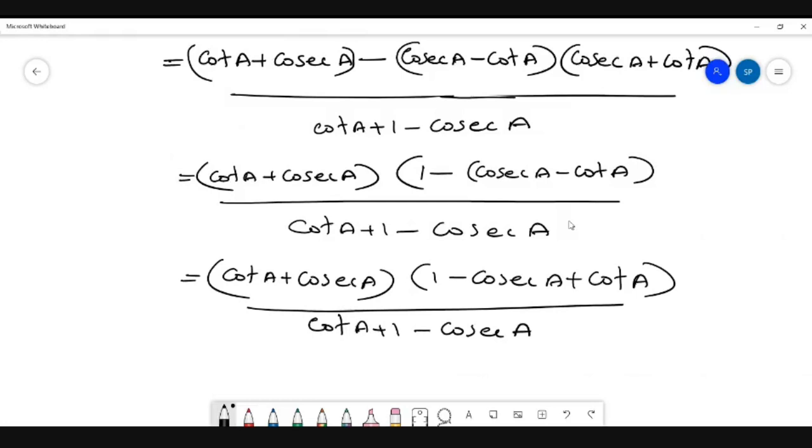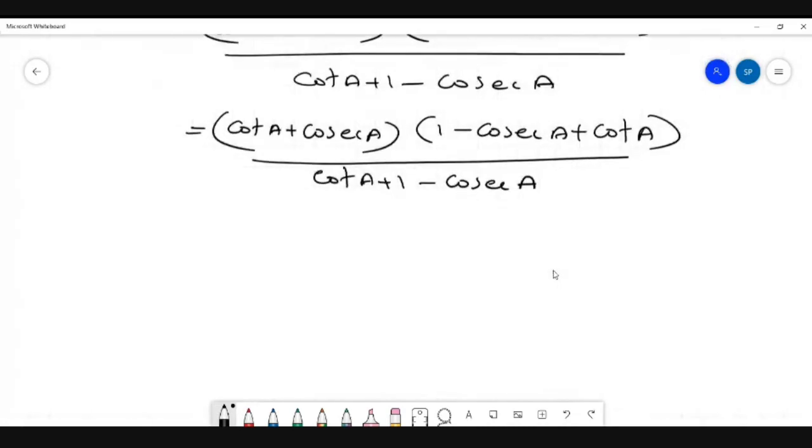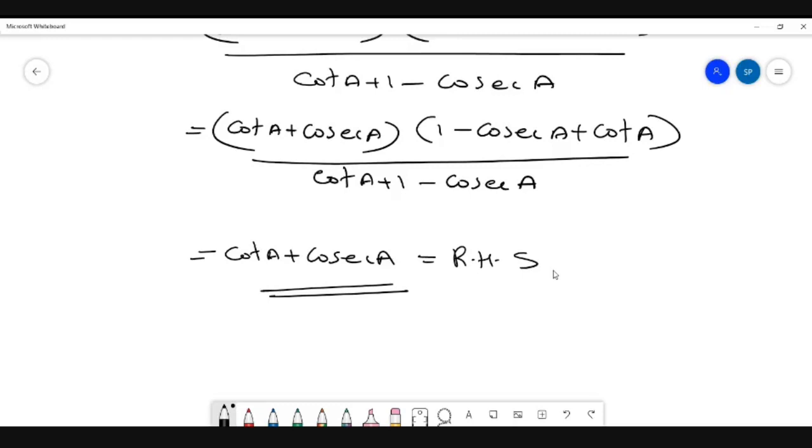So this bracket and this expression are the same, so these two can be cancelled. So that we get cot A plus cosec A. So this is what we need to prove. Yes, it is the right hand side of this expression. So we proved LHS equal to RHS.